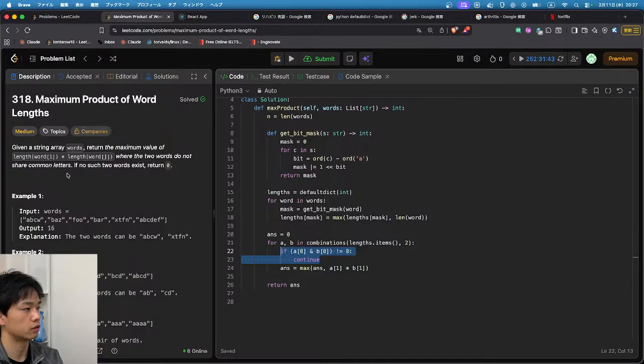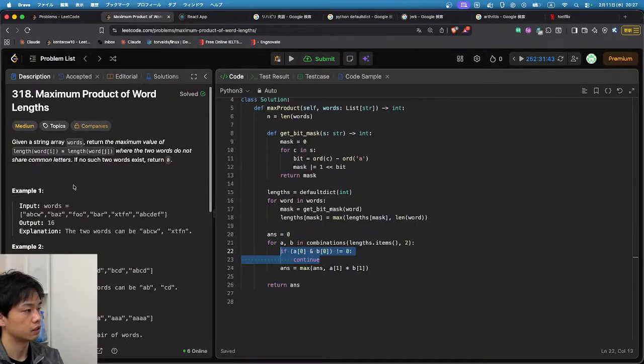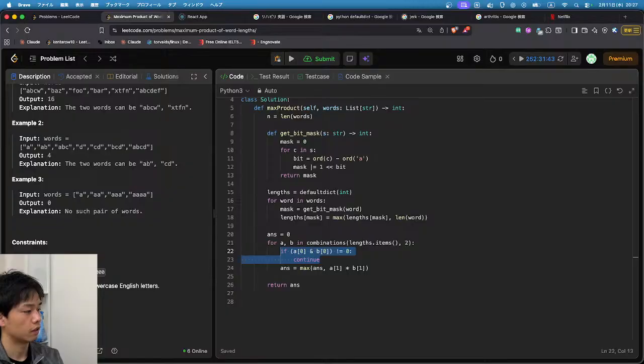The two words do not share common letters, and the word length is 1000 at most. So in the naive solution, it takes a linear algorithm. So overall, it might take n cubed.